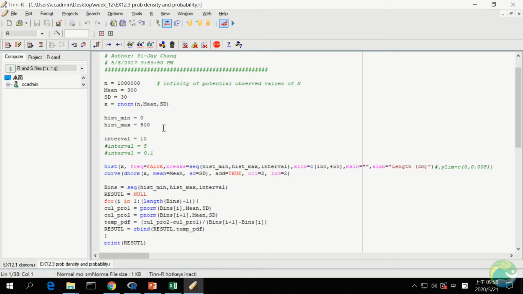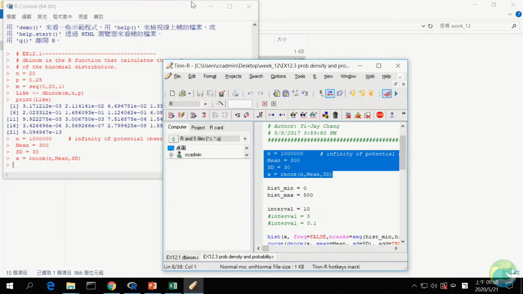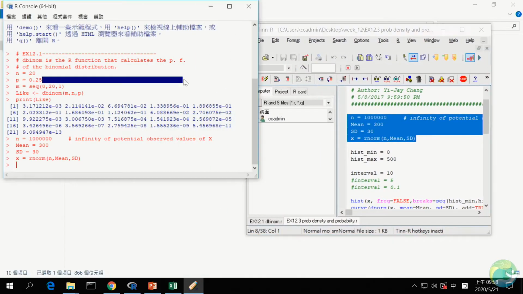So before I start, I'm going to generate lots of size data, okay? So I generate the random variable from a normal distribution with the mean 300, standard deviation of 30 centimeters.